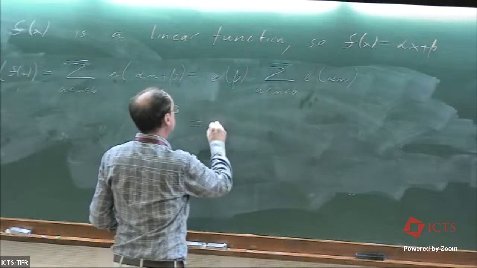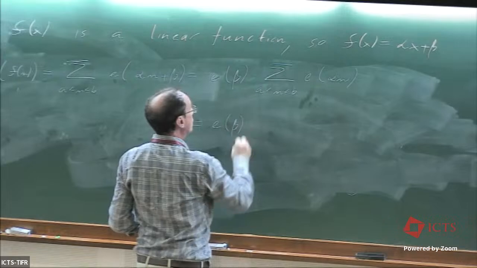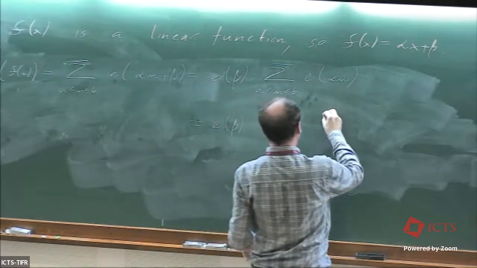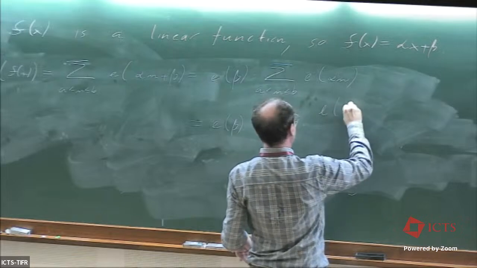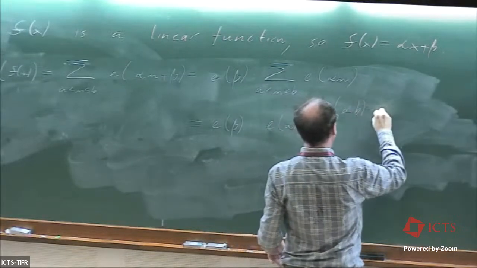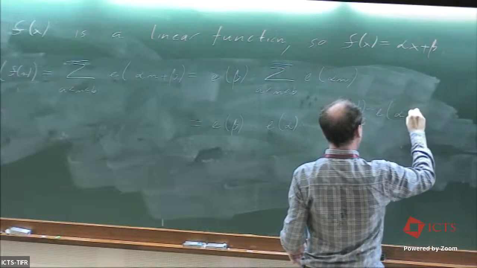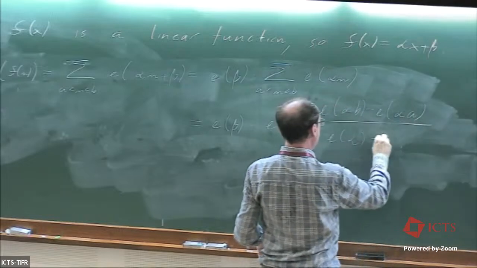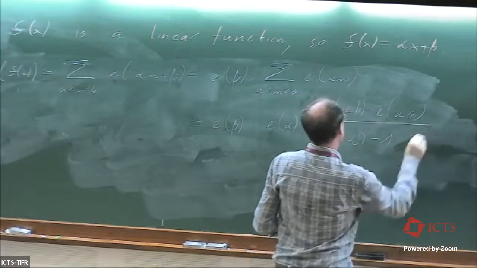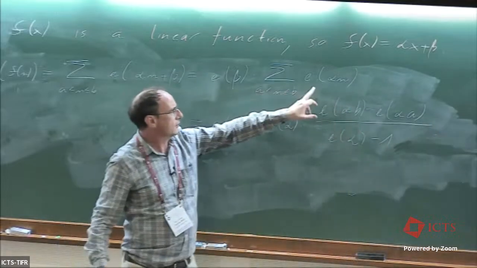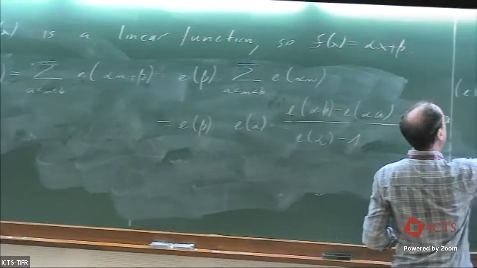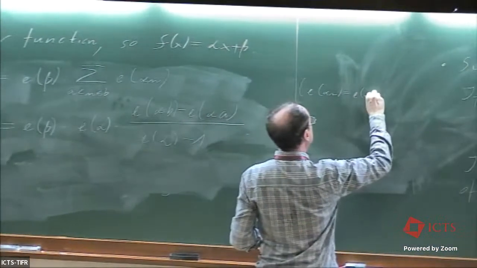That gives us e of beta times e of alpha, times e of alpha b minus e of alpha a, divided by e of alpha minus 1.